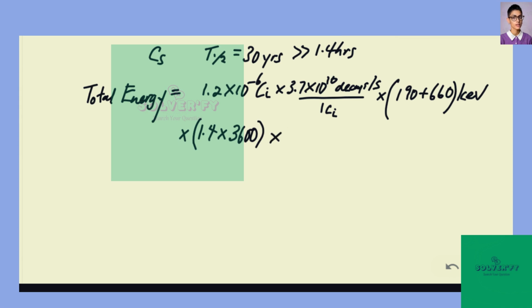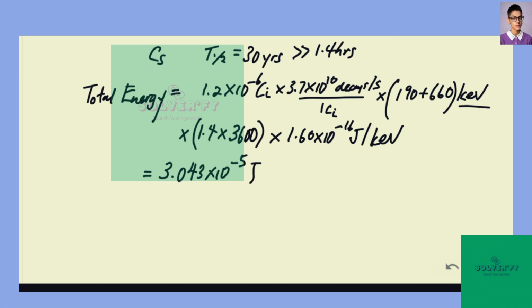Then we'll convert that keV to joules by multiplying by 1.6 times 10 to the power of minus 16 joules per keV. We should get 3.043 times 10 to the power minus 5 joules. So this is the total amount of energy that is released by the cesium and is absorbed by our worker.